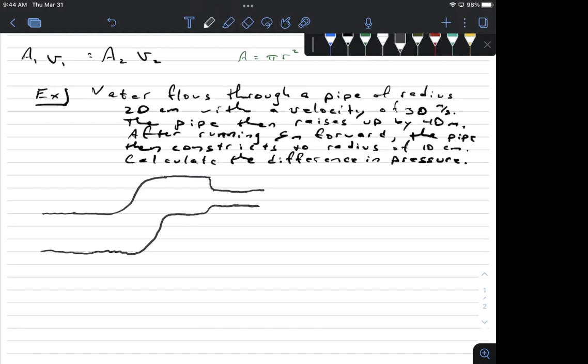Let's see. Plugging in the information, we know the original radius, the starting radius of the pipe, is given as 20 centimeters. So here, the first radius, r1, is 20 centimeters. Centimeters is, of course, bad units.